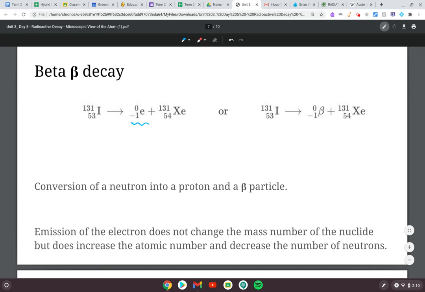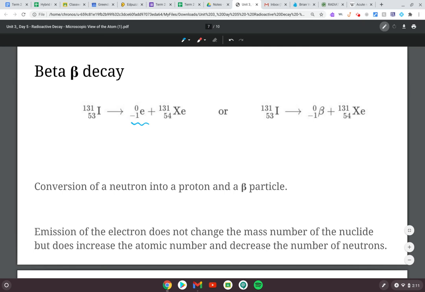My bad. One more time. You lose an atomic number, but the reality is that you're not losing a proton, or you're not losing a neutron. You're simply losing a negative electron in the form of a lot of energy.